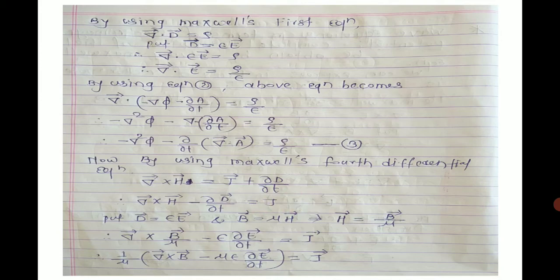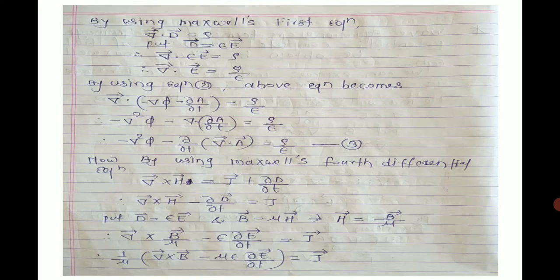Then del cross B divided by mu minus epsilon ∂E by ∂t is equal to J, since D is equal to epsilon E. In this term, 1 divided by mu will be common.